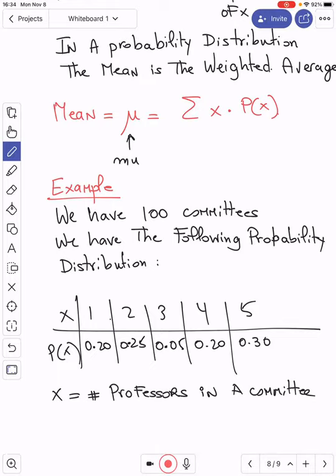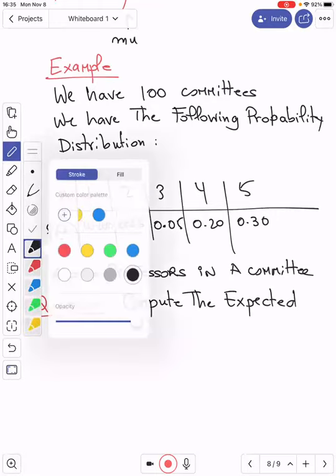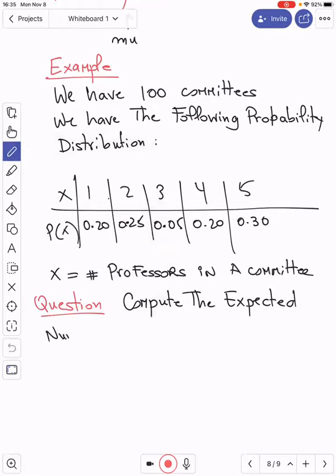Yes. All right, so let's say you want to compute the expected number. Here's the question: compute the expected number of professors in a committee selected at random.